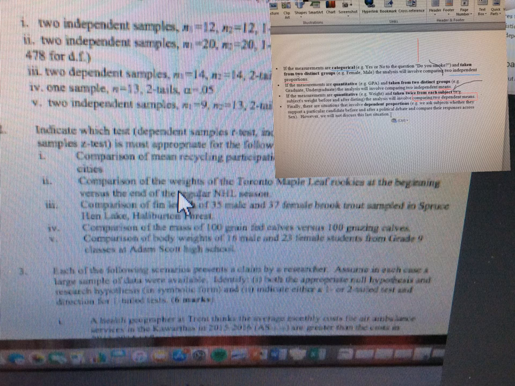For number 4, we have the comparison of the mass of 100 grain-fed calves versus 100 grazing calves. So for that one, what I would choose would be the Z test, because you're comparing two samples, and there's a difference between the feed for these two calves.